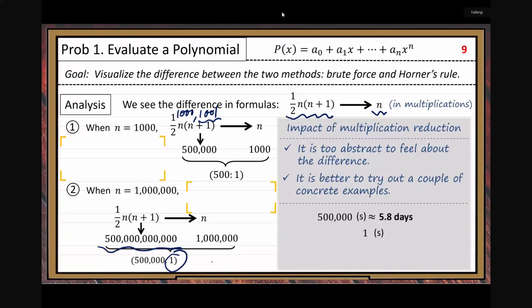So in this experiment, you see the huge difference between a good algorithm and a bad algorithm. That's the reason we learn this class. We want the 1 second solution, not the 5.8 days solution. All right, that's it.